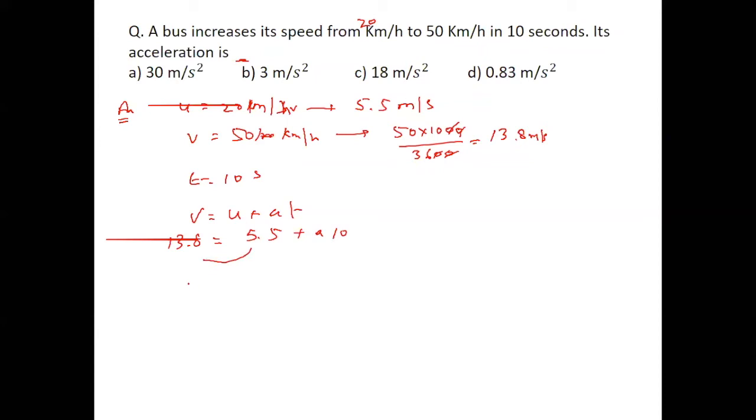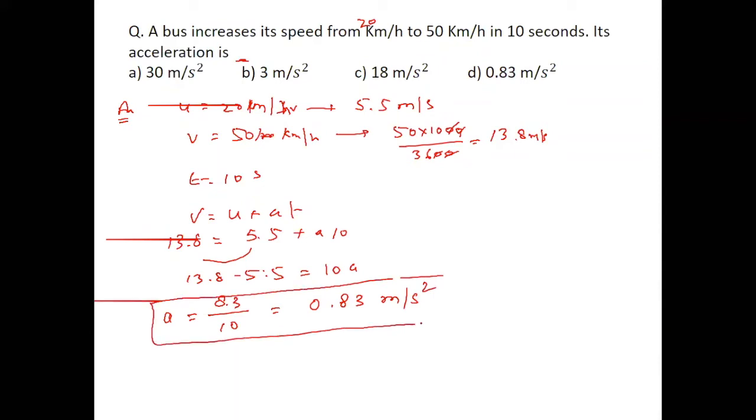So we can write 13.8 minus 5.5 equal to 10a. And this gives 8.3 by 10 equal to a. And this is 0.83 meter per second square. Okay, any doubt?